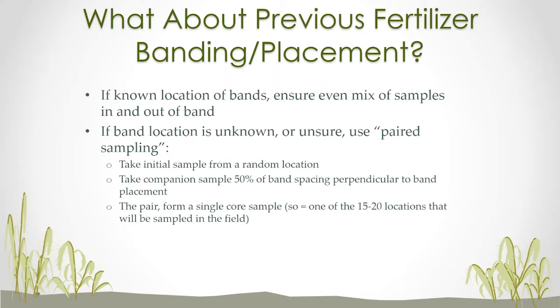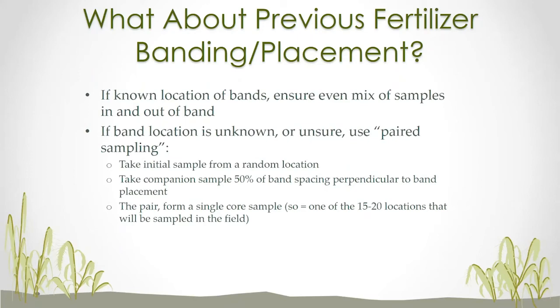And so when we're dealing with a situation where we're going in sampling where in the past banding or fertilizer placement has been done, and we know the location of the bands, then we can ensure that we have an even mix of samples both in and out of the banded areas, so that we get a reasonable average condition of fertility, or whatever the chemical analysis is that we're performing on that particular field.